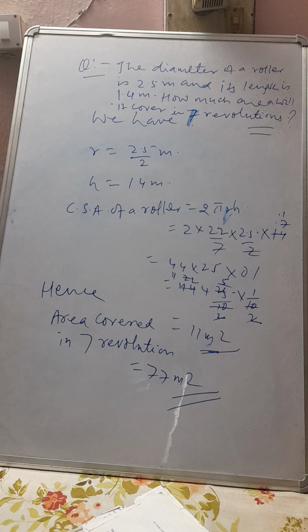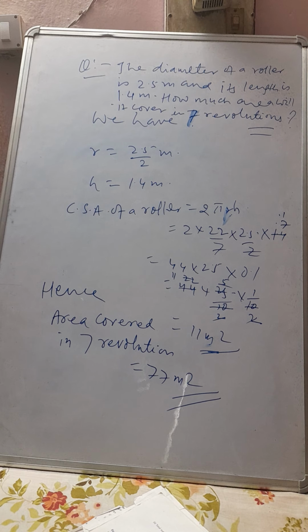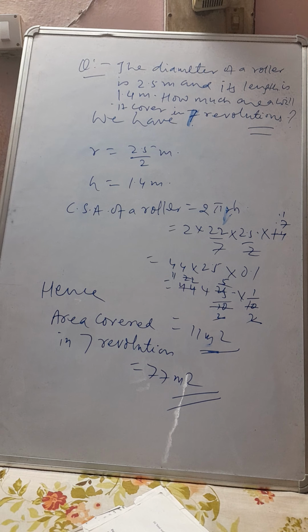After solving it, our solution becomes 11 meter square. It means area covered by roller in one revolution, its curved surface area, is 11 meter square. Hence, area covered in 7 revolutions is 7 into 11, that is 77 meter square. It is your answer. Have any doubt in it?